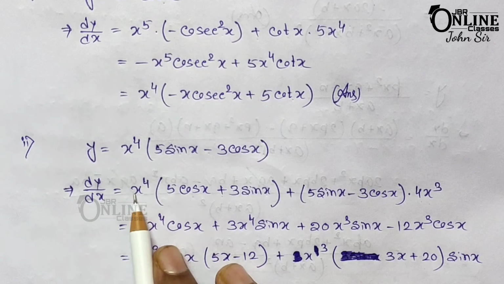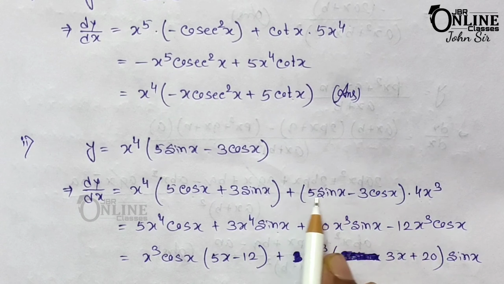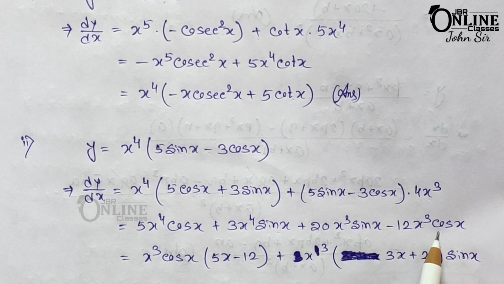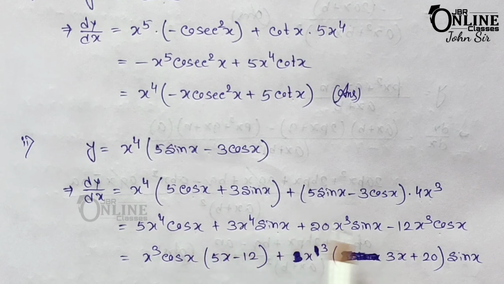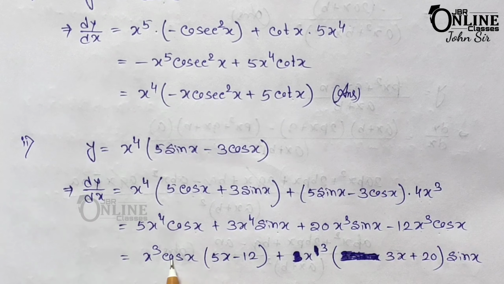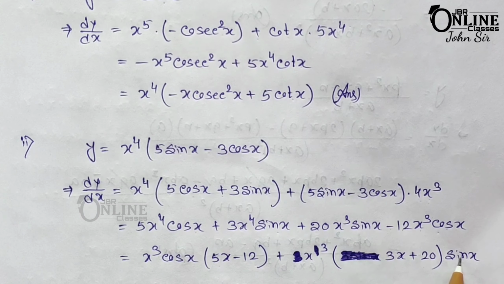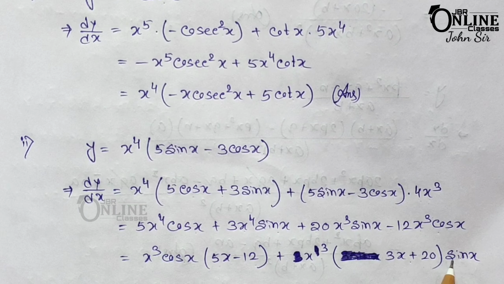Okay, now multiply x to the power 4 with this one, you will get this one, and then 4x cube multiply with this one, it will be here. So now as here 5x to the power 4 cos x and here 12x cube cos x. So if x cube cos x will be common, it becomes 5x minus 12. And here if x cube sin x will be common, it becomes 3x plus 20 as your final answer.